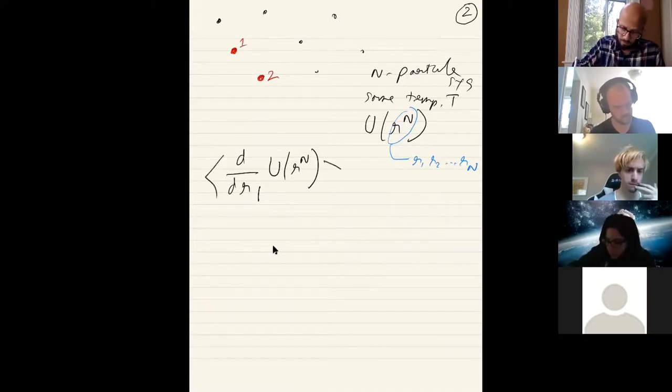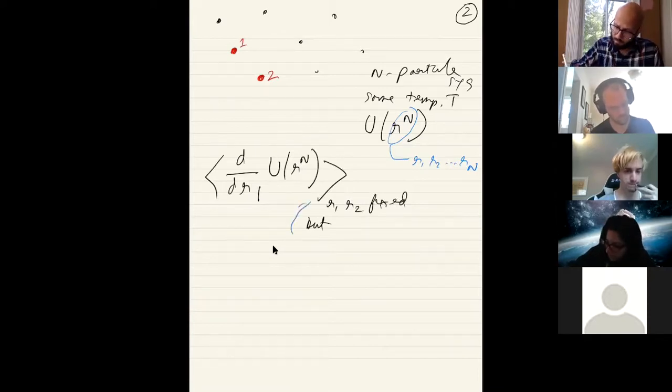And if you look at this thing, keeping r1, r2 fixed, but averaging, with the big angle brackets, you have probably seen things like this in quantum mechanics if you have taken it, and we will be dealing with such brackets more and more.